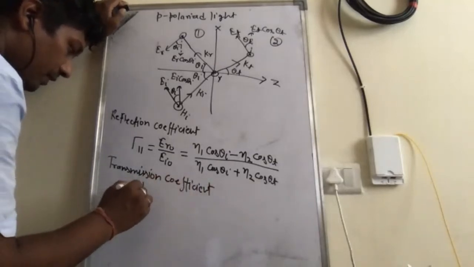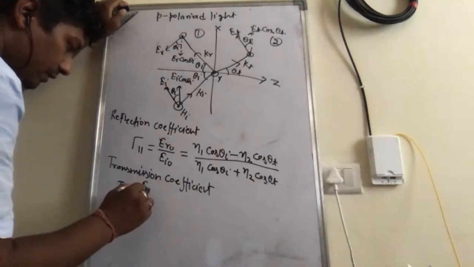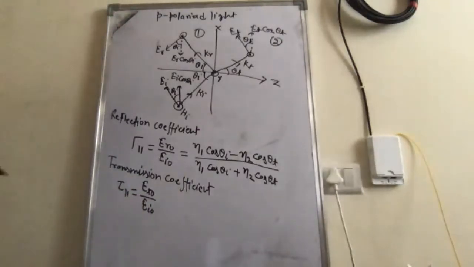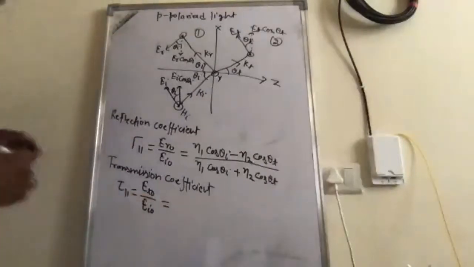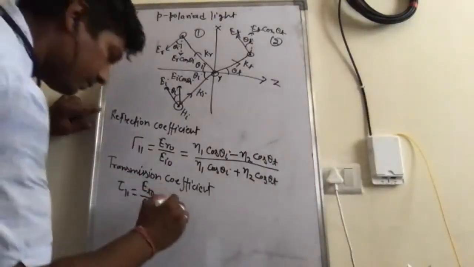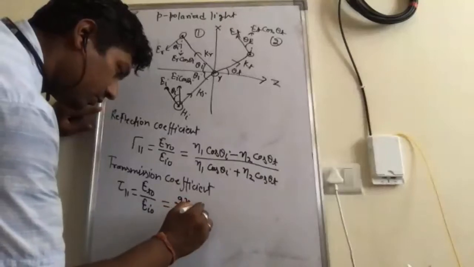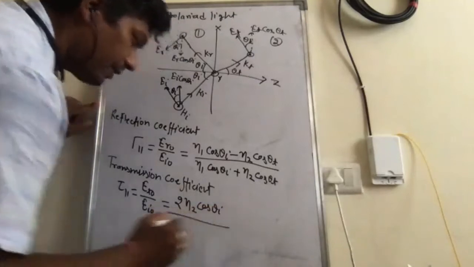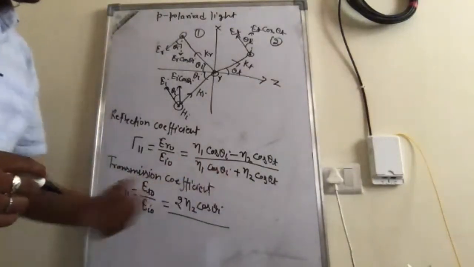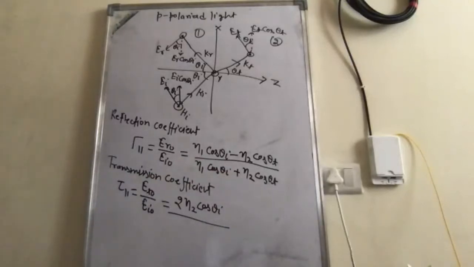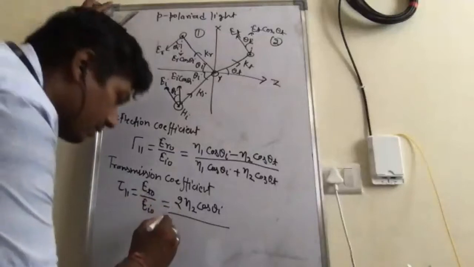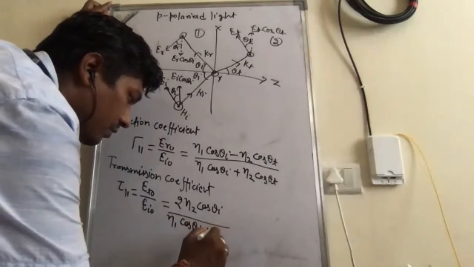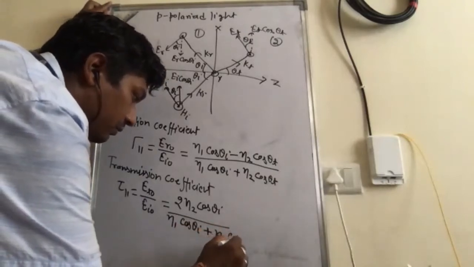It is equal to the transmitted electric field amplitude divided by the incident electric field amplitude, which is 2 times eta 2 cos theta I, divided by the same denominator as in the reflection coefficient: eta 1 cos theta I plus eta 2 cos theta t.